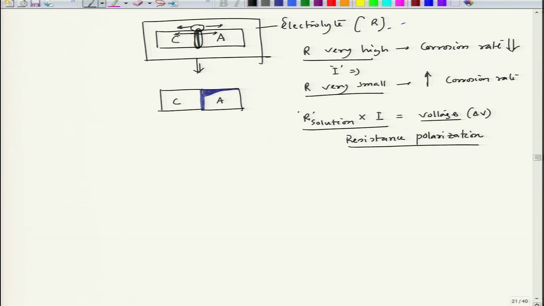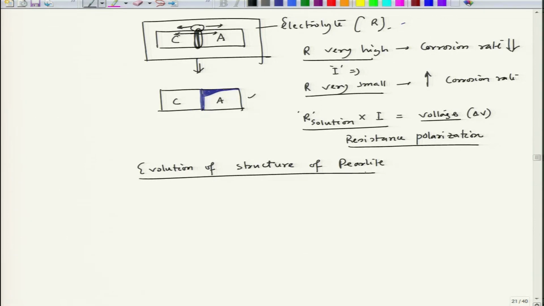So, this particular situation has a classical example in physical metallurgy. The evolution of structure of pearlite.